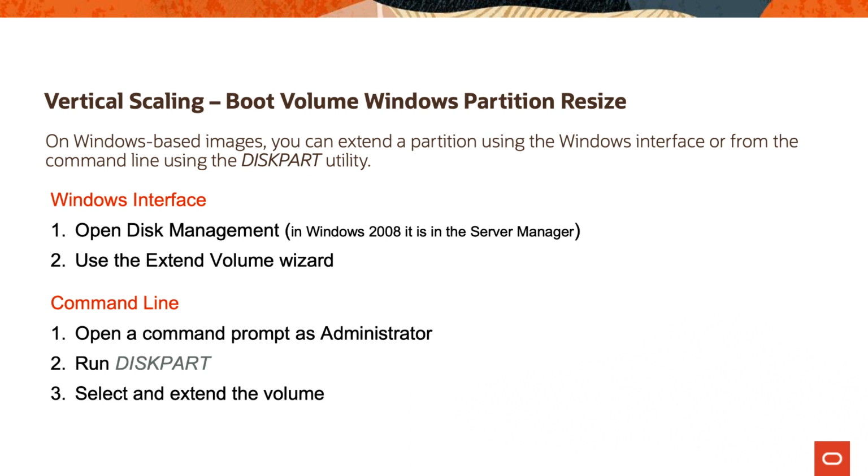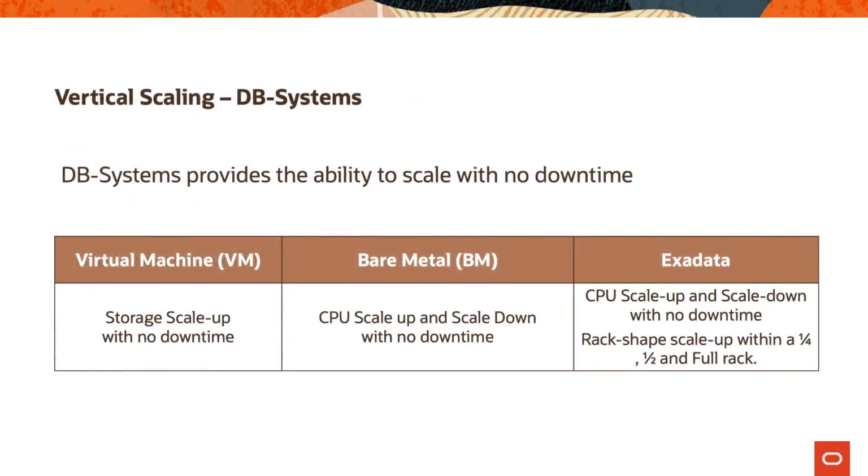So you can do it, but it just takes a little bit extra time if you're not using Server 2008. You can extend the volume, and then you can use the command line, open command prompt, and then run diskpart and select extend the volume. This can also be done from the GUI, so it's just a matter of what you prefer.